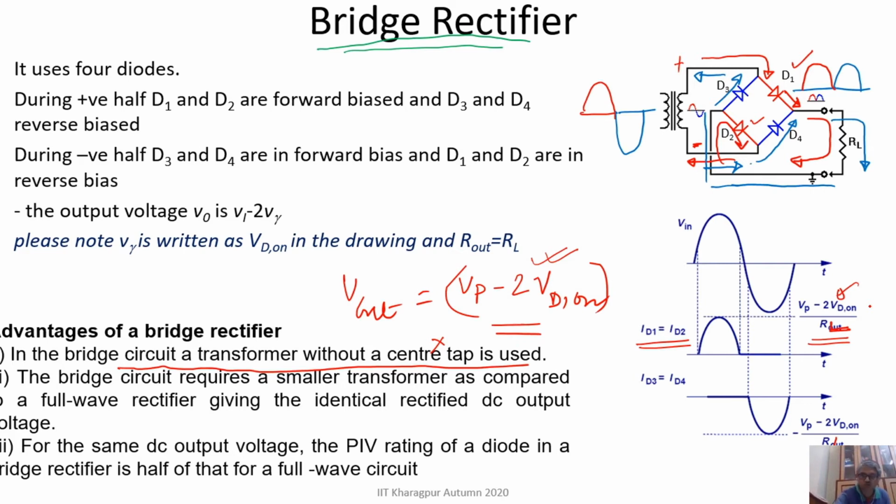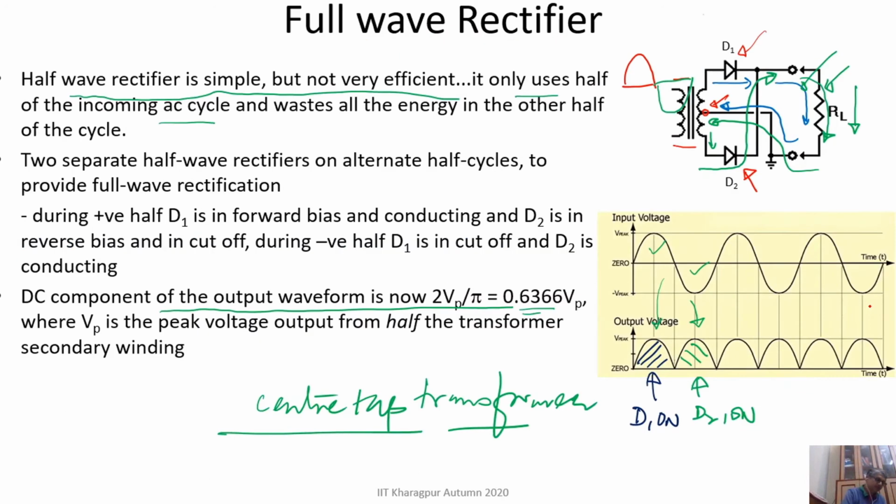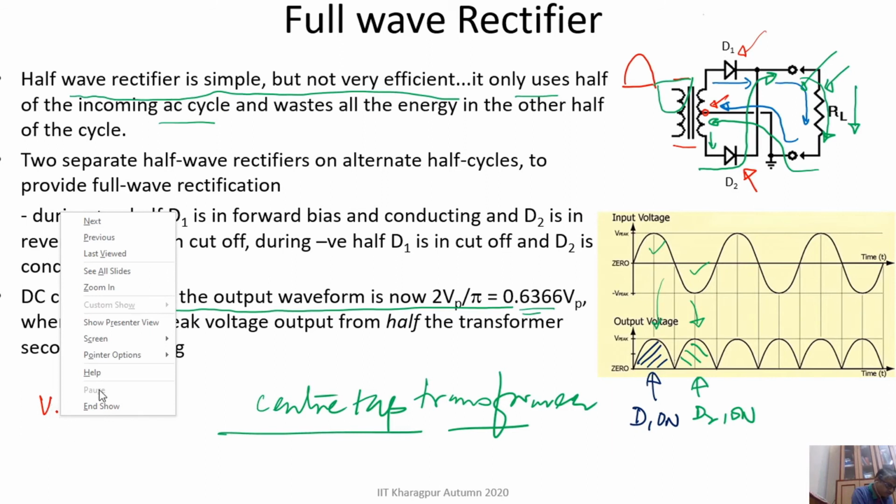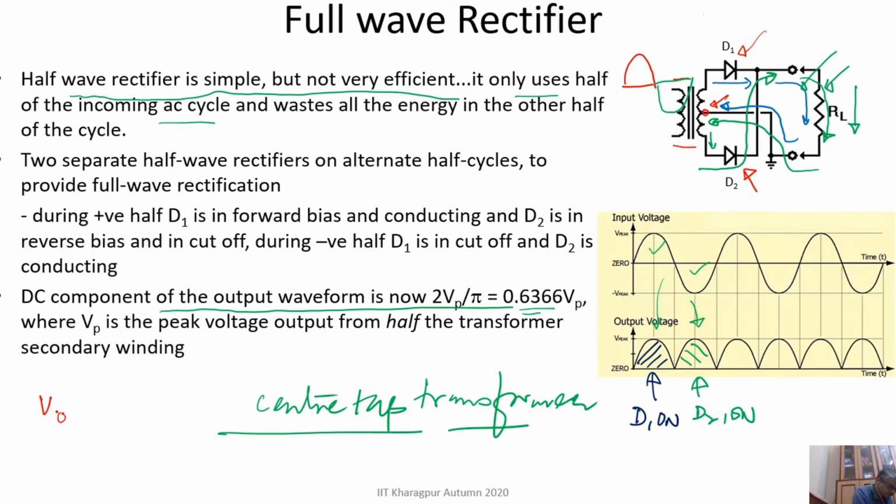Whereas if you look at the full wave rectifier circuit, in each cycle the signal is passing through only one diode. So the V out will be equal to Vi minus Vd on.